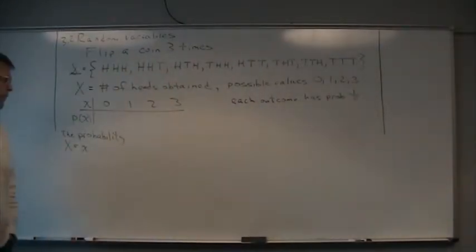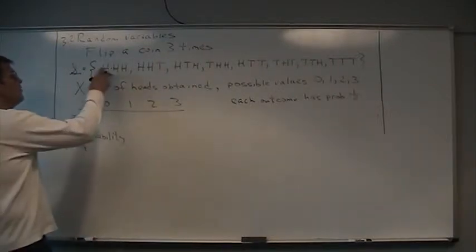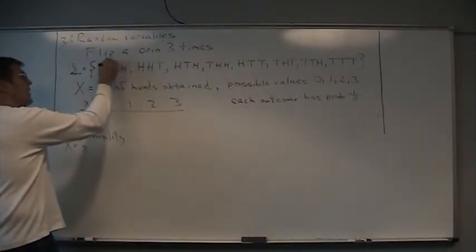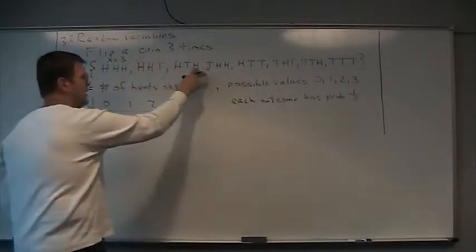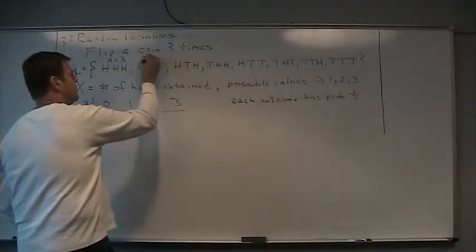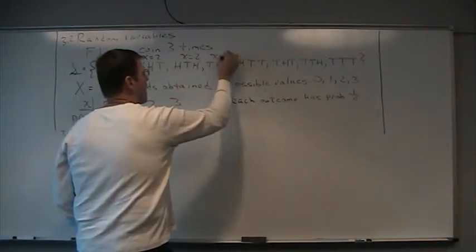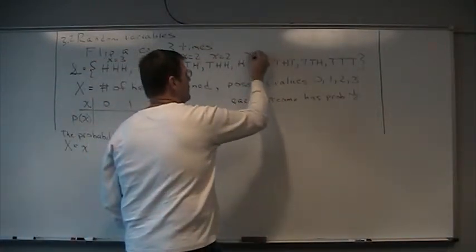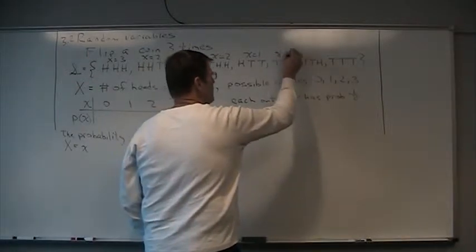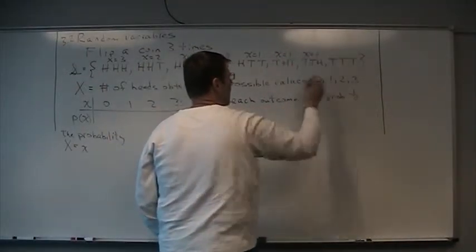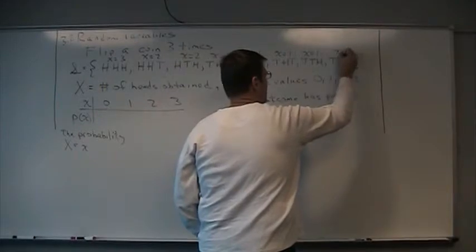So in order to fill in the rest of this table, we basically need to count which outcomes correspond to the different values of x. In the first case here, we have x equals 3. In each of the next 3 cases, we have x equals 2. The next 3, we have x equals 1. And in the last case, x equals 0.